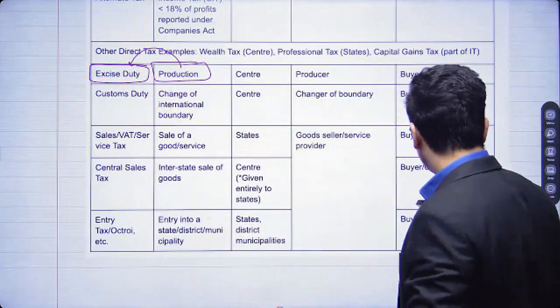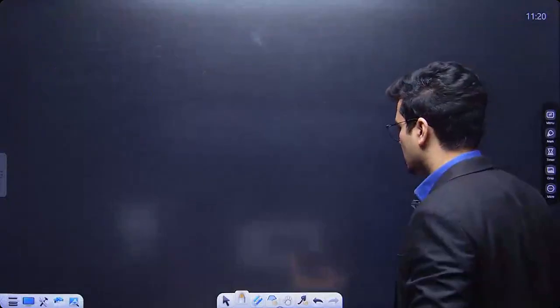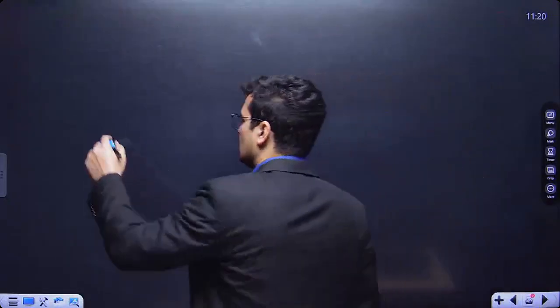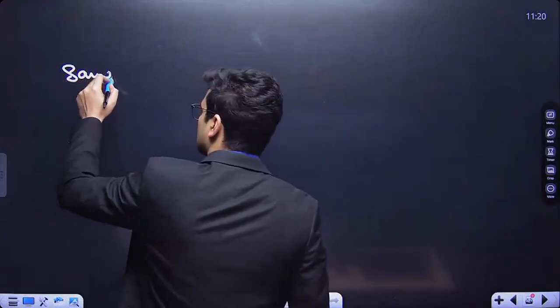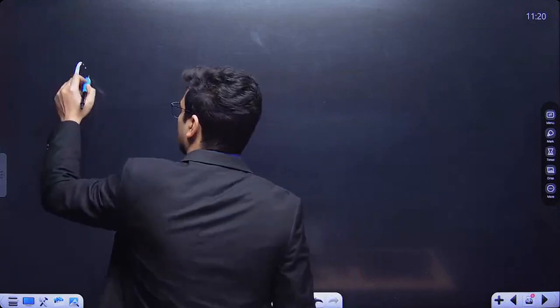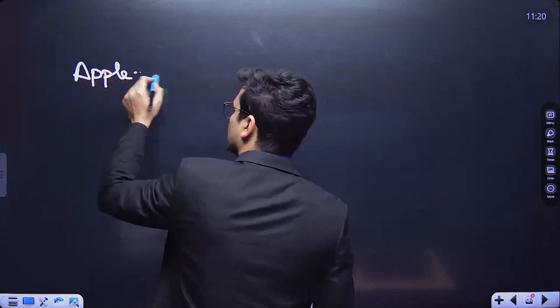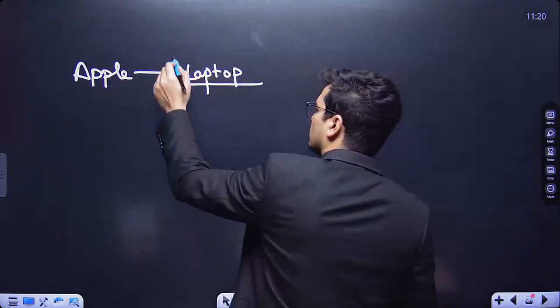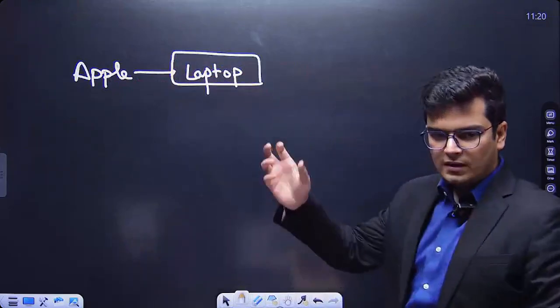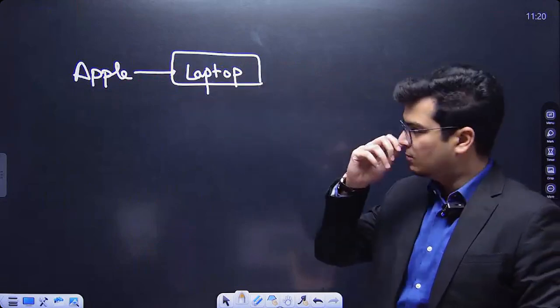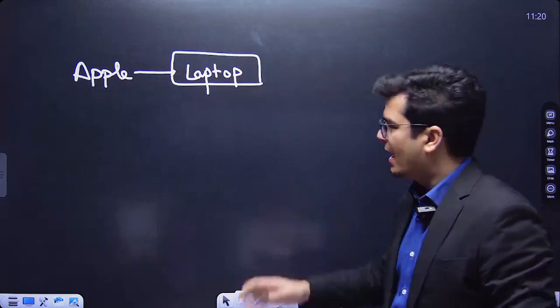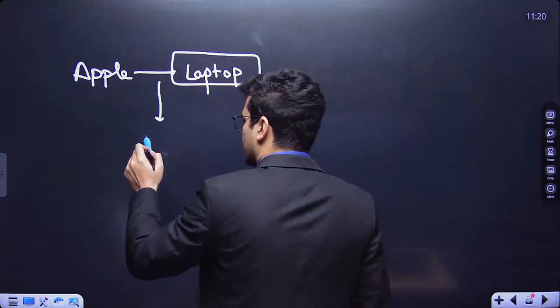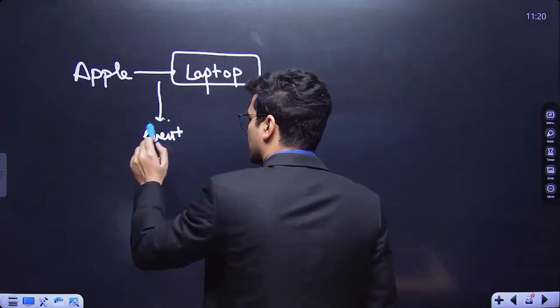The moment something is produced, let's say Apple produces a laptop. The moment this laptop is produced, an event of taxation is generated. Event here is production.